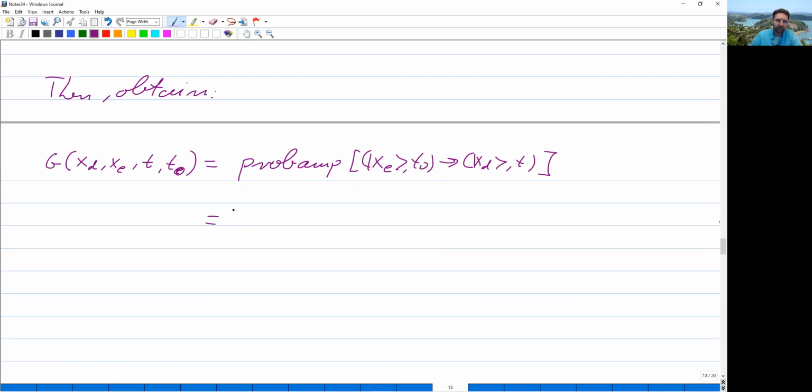And this now is an integral, integrals. How many? N of them, because we have n intermediate times.